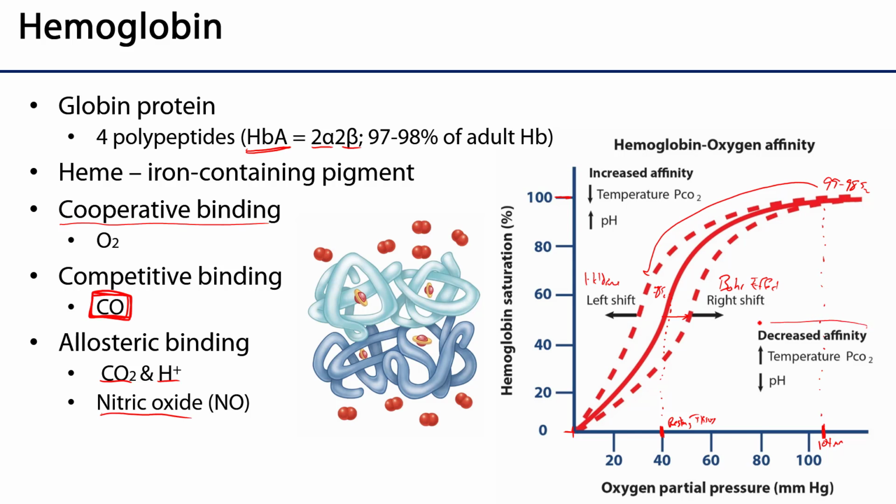All of these things here will shift this curve to the right. And what does that mean? It means that in conditions that are very common around metabolically active tissues, so if you think about active muscle tissue, higher temperatures, more CO2 being given off, as a consequence of that decrease in pH through elevated levels of protons, we have this shift to the right.